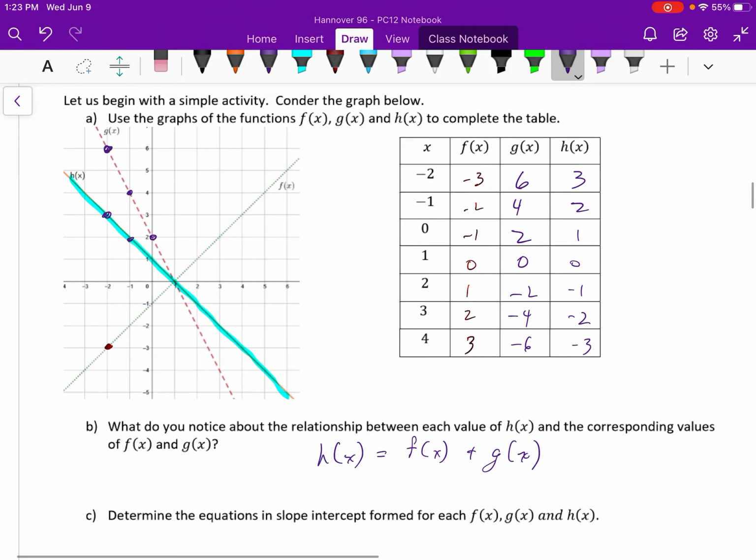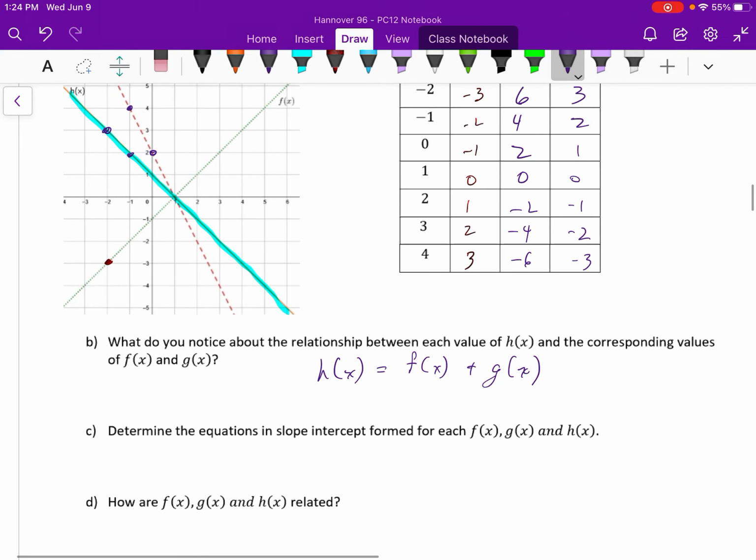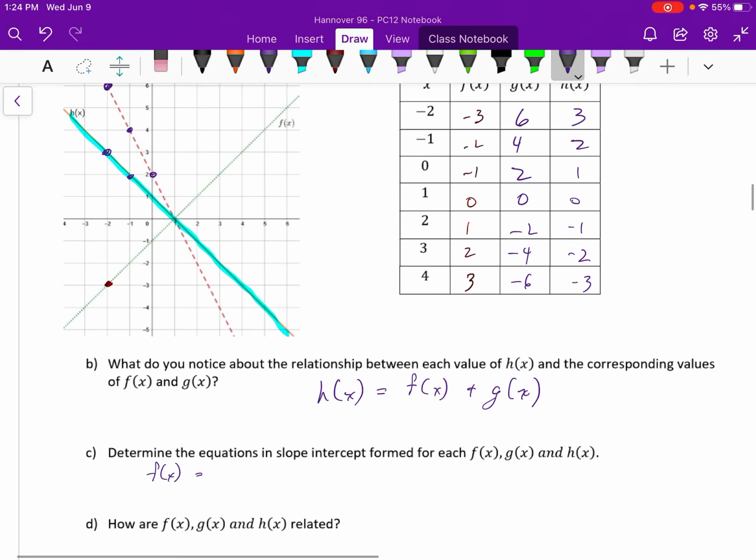So the next question is to determine the equations in slope-intercept form. Well, f of x has a slope of 1 and a y-intercept at negative 1.